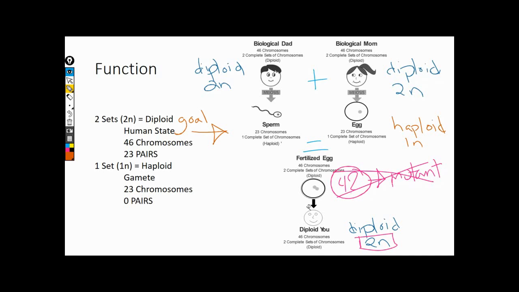And dad's sperm is also haploid, so it has one copy of everything. That's what meiosis is doing: randomly selecting one copy of everything.